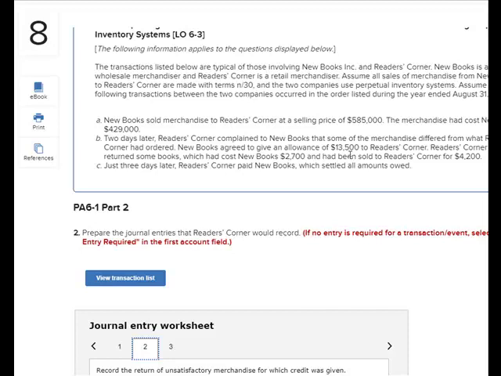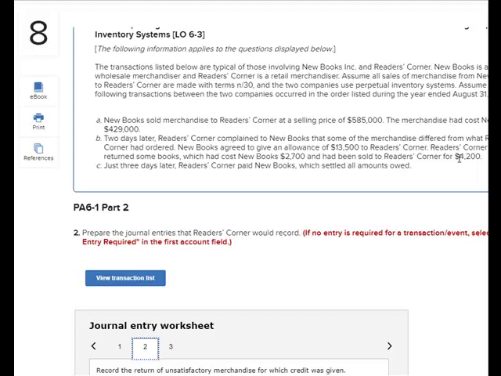In addition, Reader's Corner sent back some books that they had purchased. Here's what it costs New Books, but what we want to pay attention to is the amount that Reader's Corner paid for the books that are being returned. In other words, the total of these two figures will be the amount by which the accounts payable will be decreased.